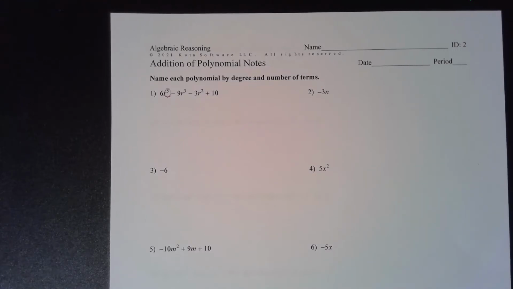When we name a polynomial, if the degree is 1, it is a linear term, 2 would be quadratic, 3 would be cubic. Anything over that will be whatever the number is as a cardinal value, so 4th, 5th, 6th degree.